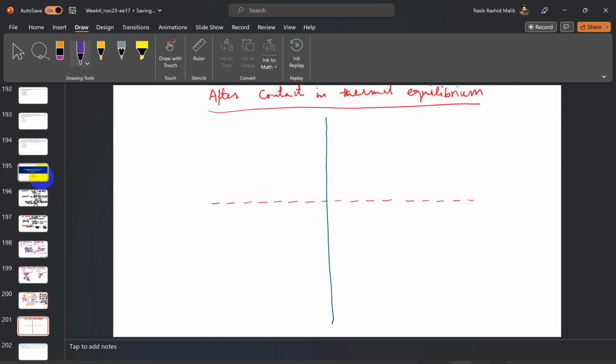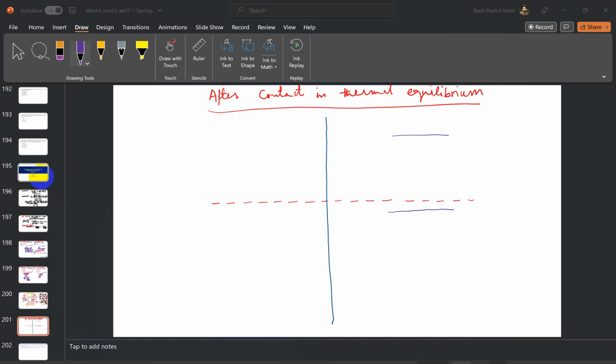Far from the junction, this is the wider band gap material, and it is p type. As soon as we reach the junction, the holes will move across the junction, so there will be a depletion of holes near the junction.